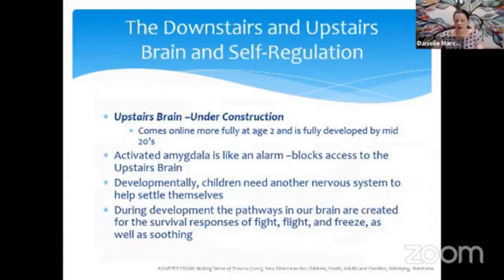So when a child is dysregulated, either a young child who hasn't developed that capacity to self-regulate, or a child who has experienced trauma and hasn't been able to learn how to regulate their emotions, or kind of has a distortion there, they need to have a nervous system that is regulated to model how it's done. I'm not sure if I'm explaining it right.